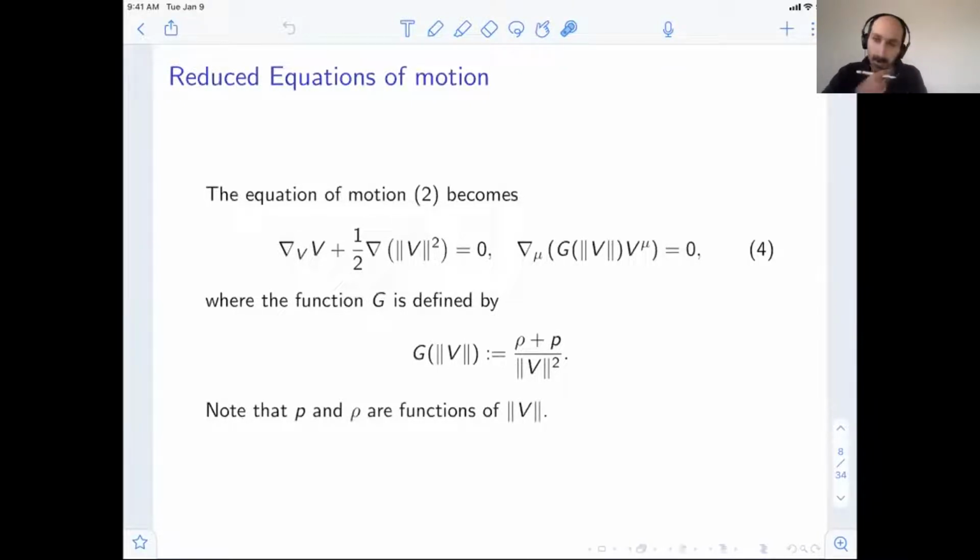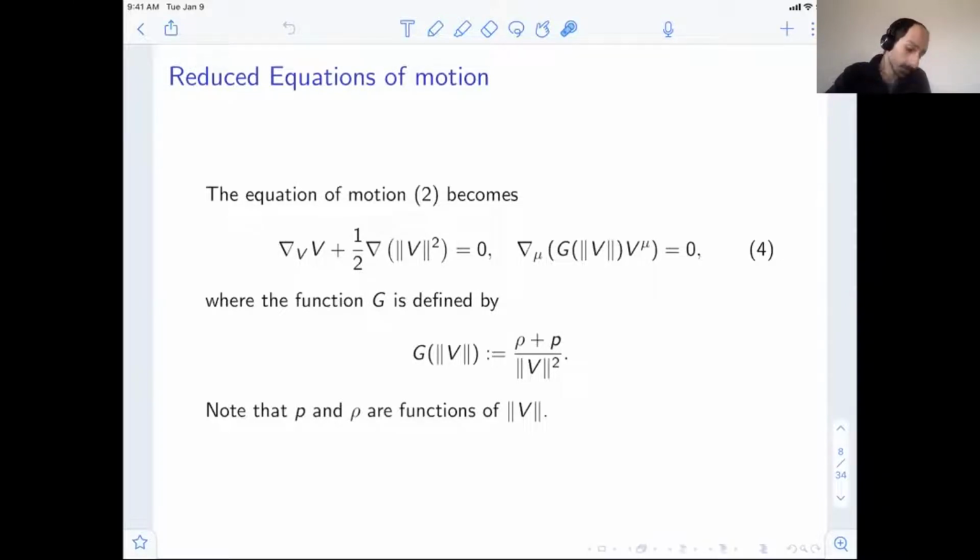Okay. So it turns out that with these assumptions, the equations take a pretty nice form, which is the following. After some calculation, one arrives at the following two equations, basically for the divergence of T being 0 and divergence of I being 0. One is this momentum equation, which is just nabla_V V plus 1/2 gradient of |V| squared is 0.